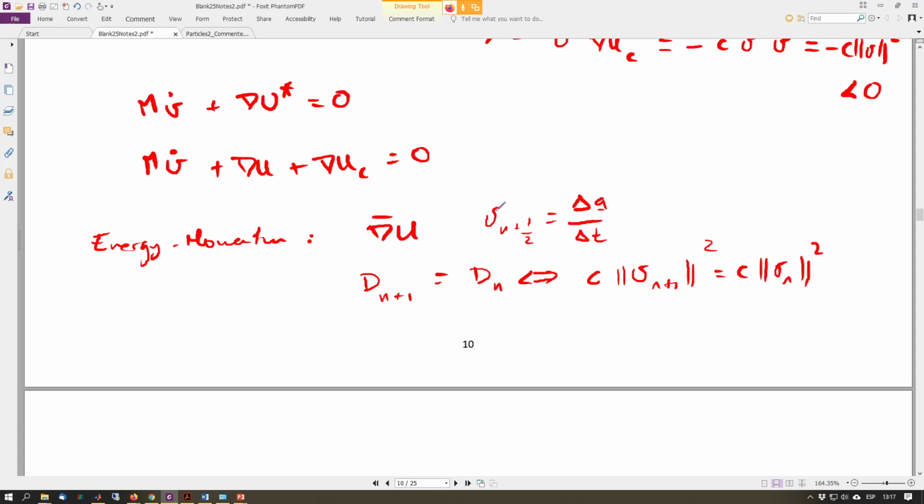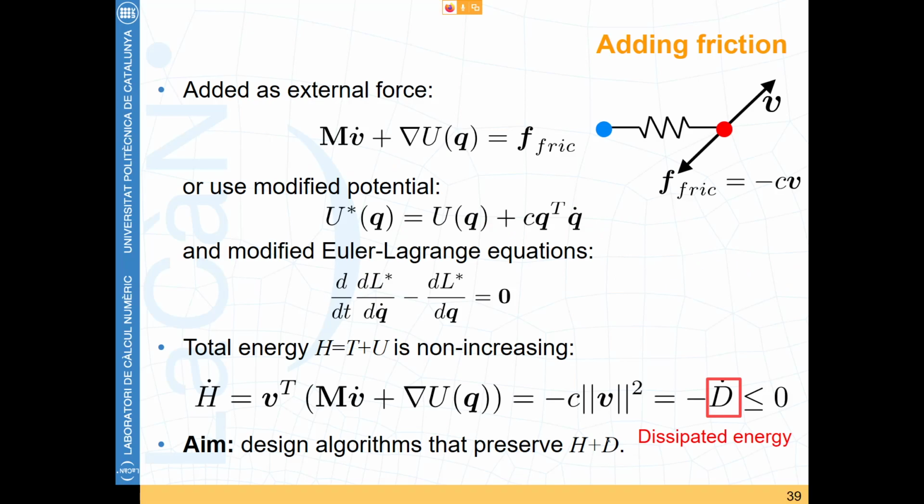We had this interpolation here. So in general, we also use that the velocity v dot is the increment of the velocity. It's easy to implement strategies so that this is also preserved, and so they preserve the total energy, including the dissipated energy.